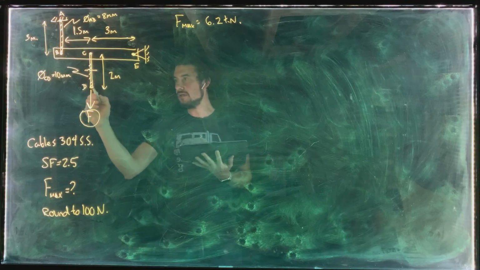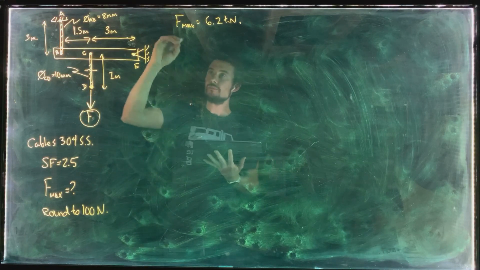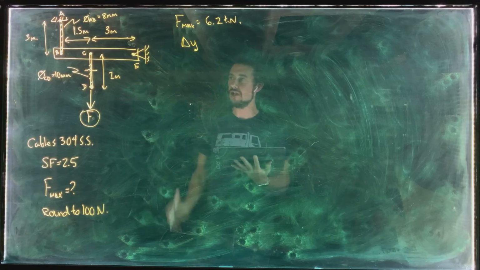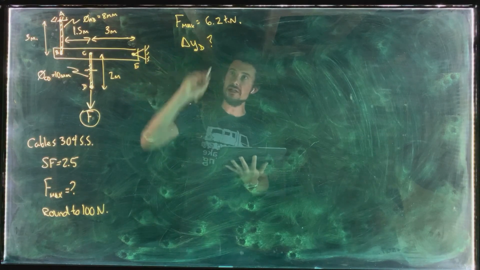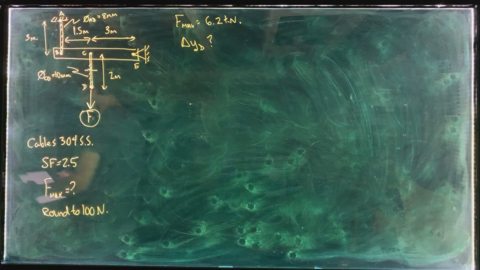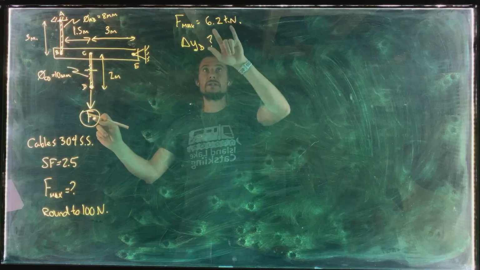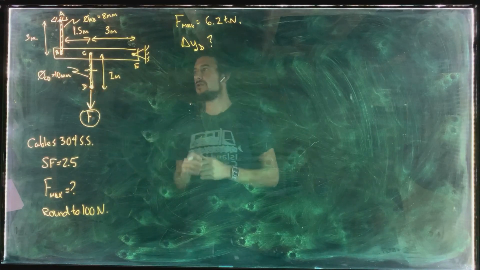So here's point D. So we want the change in vertical position, delta y, of point D. Okay. All right. So when F is 6.2 kilonewtons, what is the vertical displacement of point D?